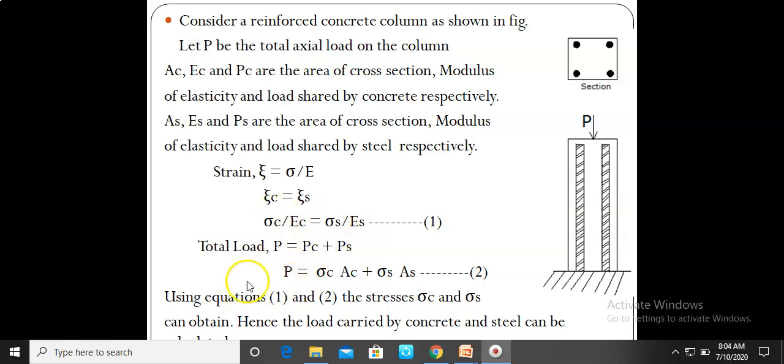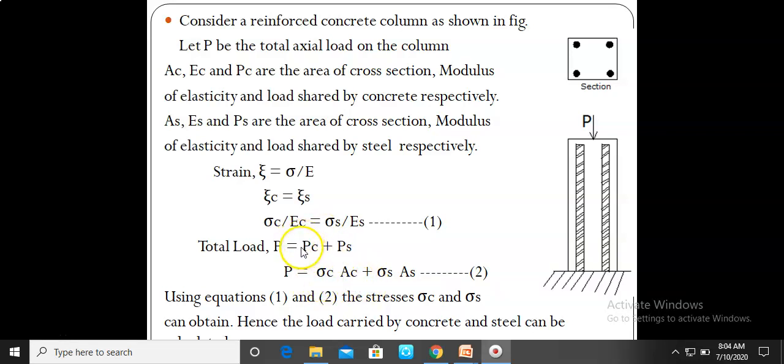The next part, the total load P is equal to PC plus PS. What is PC? That is the load carried by the concrete portion, and PS the load carried by the steel portion. The sum of these two is nothing but the total force acting on this column. Therefore P is equal to force, which can be substituted as sigma C into AC, that is stress into area.